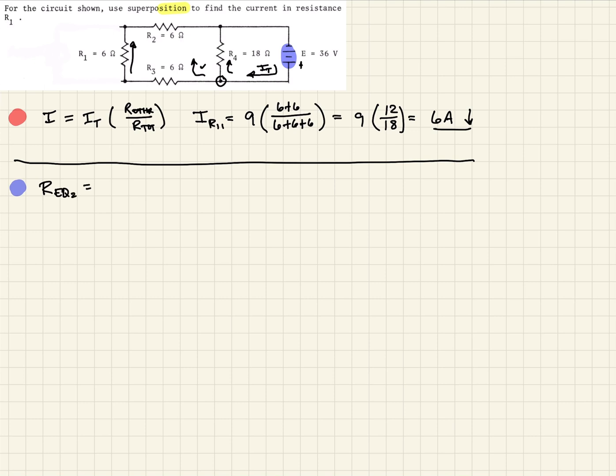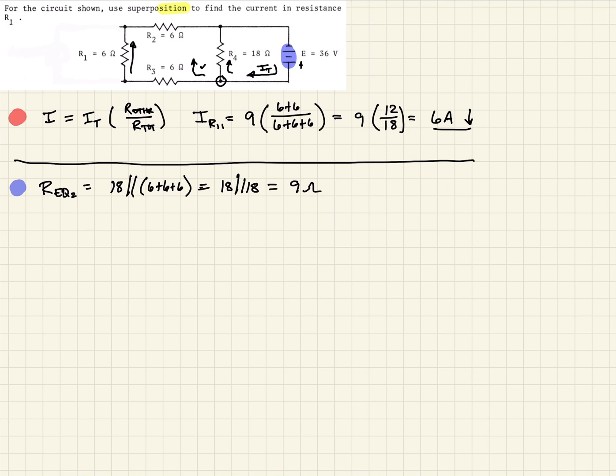When we look at this, what we have is an 18 ohm resistor in parallel with a 6 plus 6 plus 6 ohm resistor. That's really just 18 in parallel with 18. We know from common theory that when we do that, it just halves the resistance, so that's going to be 9 ohms.